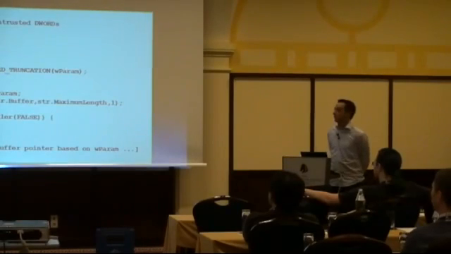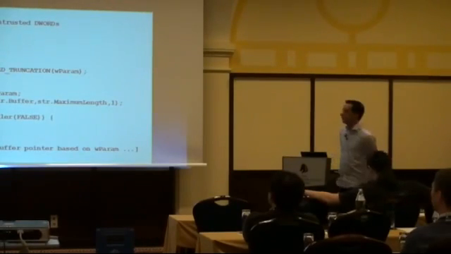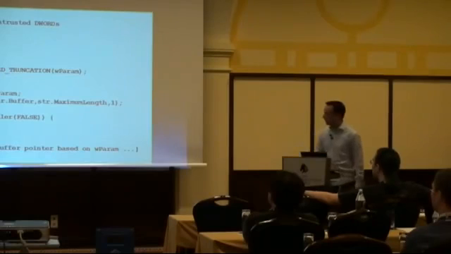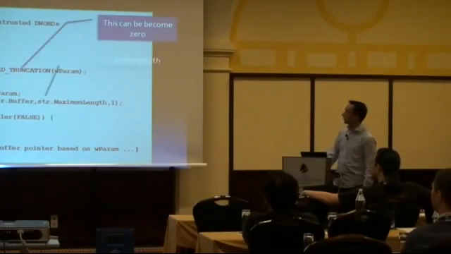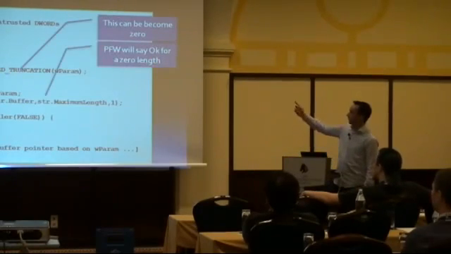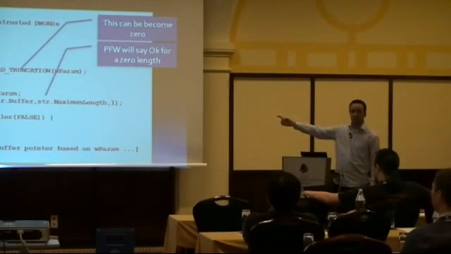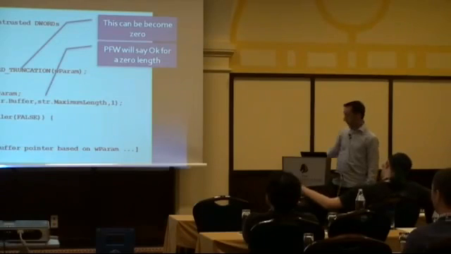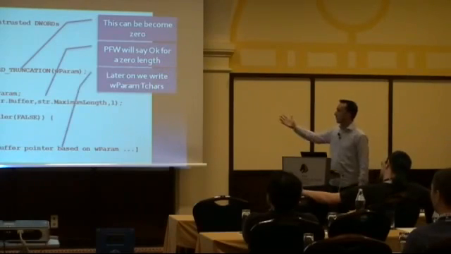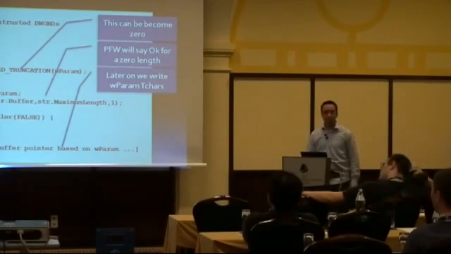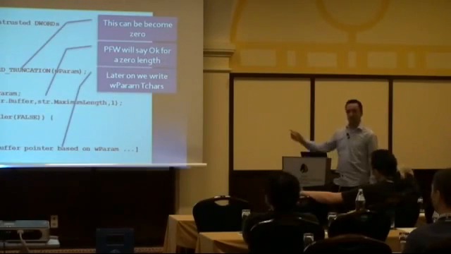The maximum length is going to be 0, and we're going to probe for write a pointer, attacker controlled, with a length of 0. But let's imagine that later we are going to write based on WParam. This one is clear?